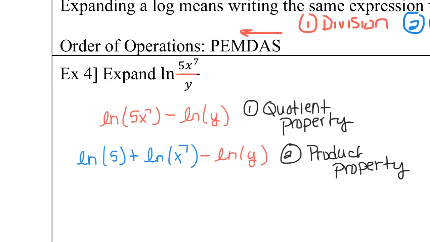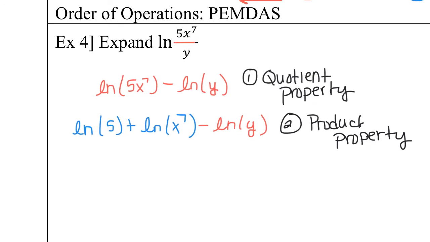Then I see that natural log of 5 is as simplified as it's going to get because 5 is the only thing inside. But this natural log of x to the 7th, I can do something with that exponent. We can use the exponent property to move that 7. Natural log of 5 is going to stay, but according to the exponent property, this 7 is going to drop in the front.